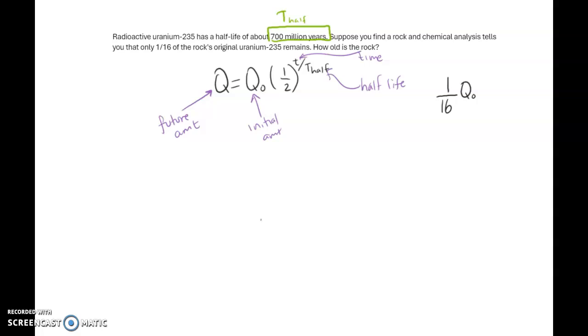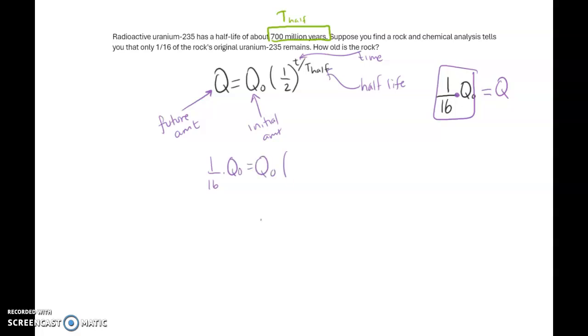So what I could do is say it's 1/16 of Q sub 0, which is the initial amount. And when you say 1/16 of, it means to multiply by. So this is capital Q, the future amount that will be left, this much. I'm going to put that in place on this side.